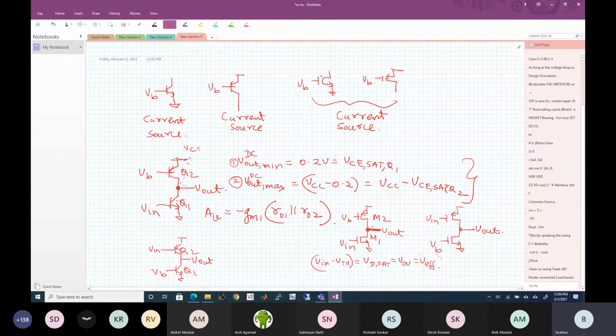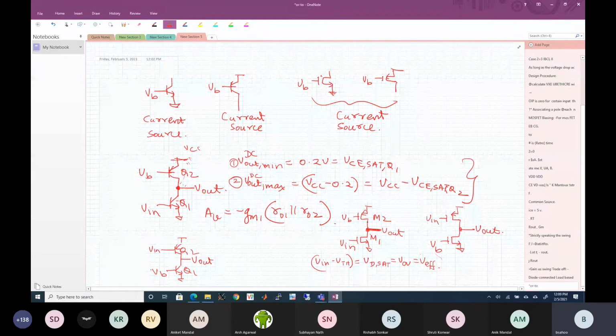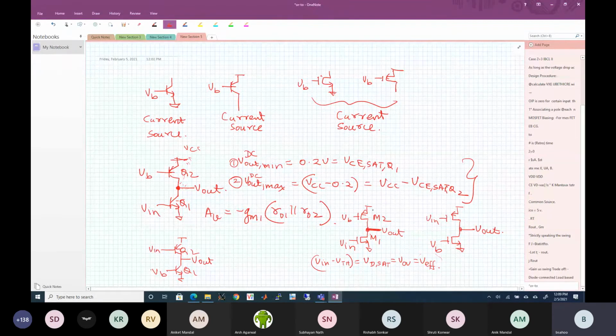If this keeps on increasing, M1 stays in saturation, but M2 might get into triode. So what is the maximum voltage the output can reach? This voltage can reach threshold voltage above VB, right? VB plus VTH. If it goes beyond that, then this enters into triode. Am I clear? So what is the difference between this and that voltage called? It is again the V effective of M2.